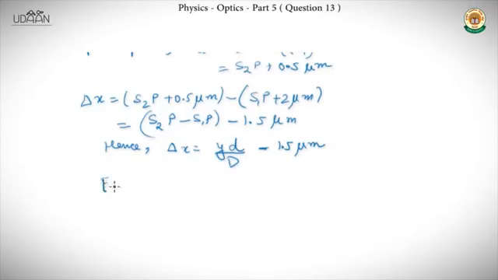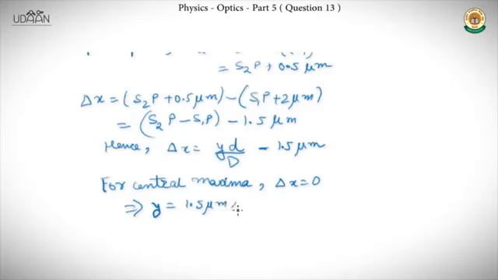So for the central maxima in the new pattern, delta x is equal to 0, which will give me y equal to 1.5 micrometers into capital D, the distance of the screen, divided by small d, which is equal to 1.5 millimeters.